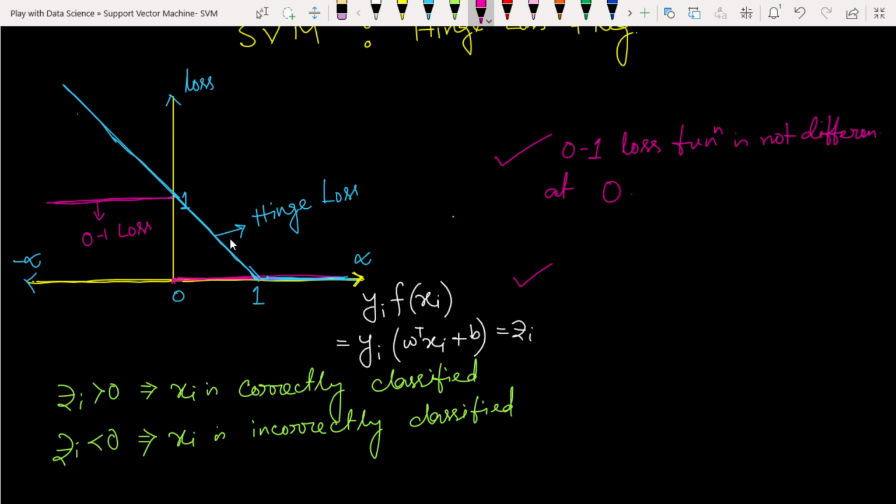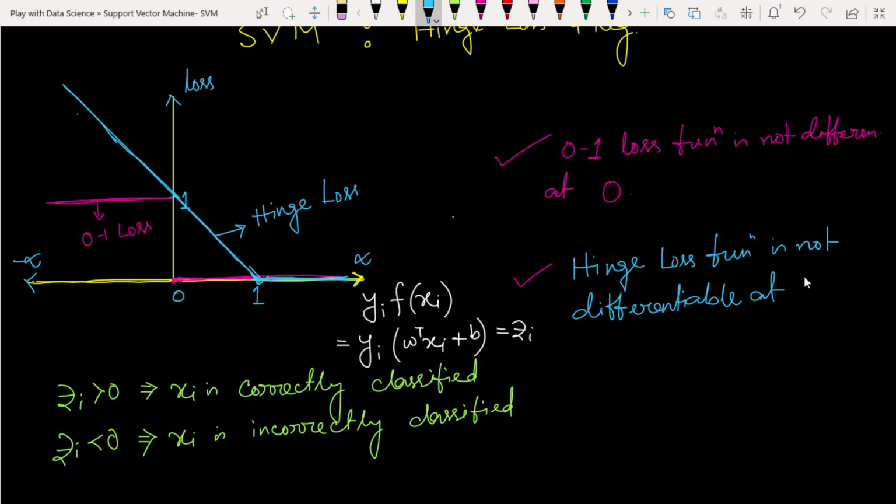And again, if we consider the Hinge loss, at the point 1 it is not differentiable. So the Hinge loss function is not differentiable at the point 1.